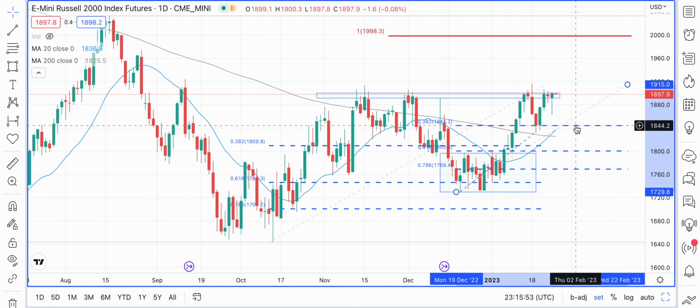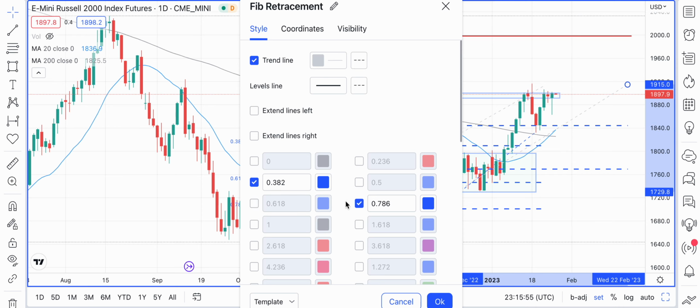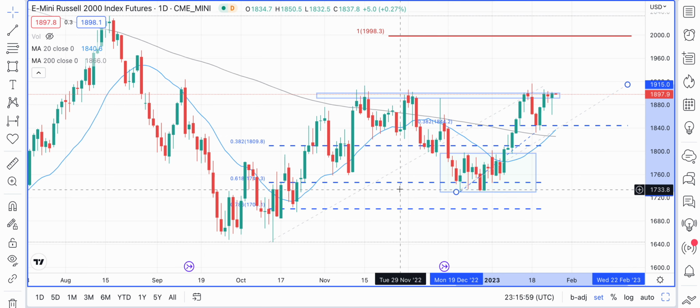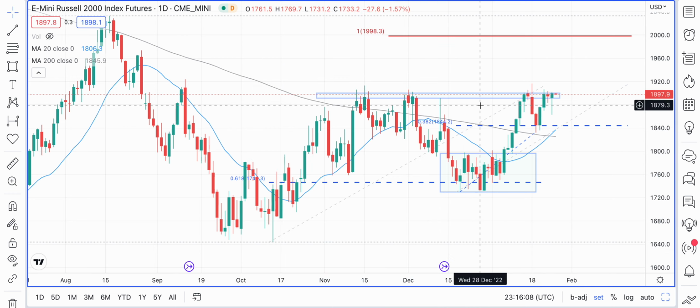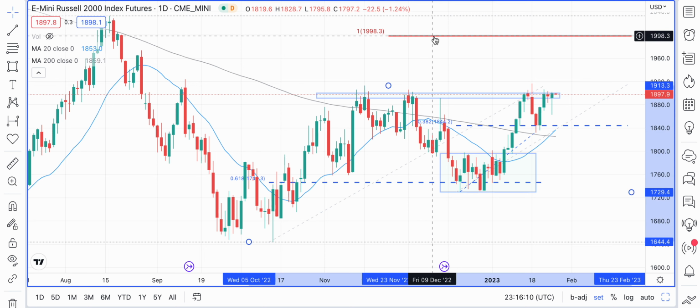Okay, I am just going to delete some other levels so that the chart is much cleaner to look at. Okay, and so what we're looking at is that perhaps in this ABCD fashion, 1998, maybe even 2000.